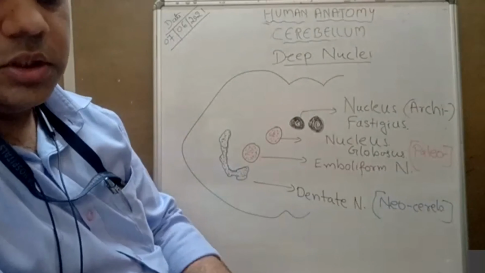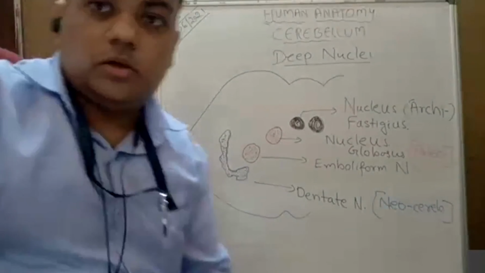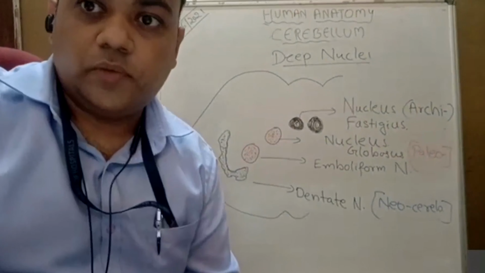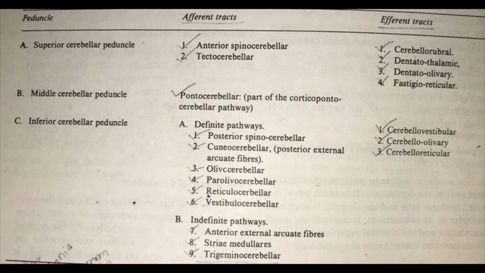Now, what are the various connections of the cerebellum? I have taken a photo of that from a book, so I will share it. Just remain with me. The superior peduncle is from midbrain to cerebellum, the middle is from pons to cerebellum, and the inferior is from medulla oblongata to the cerebellum.